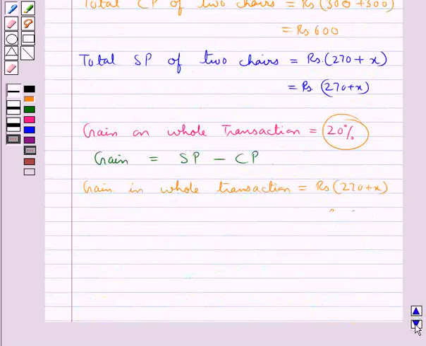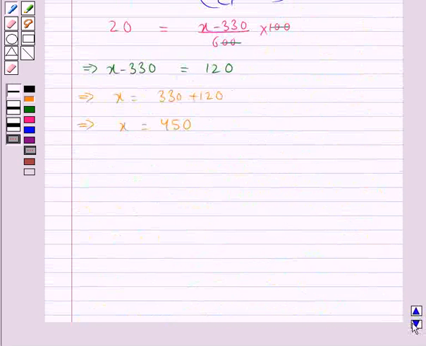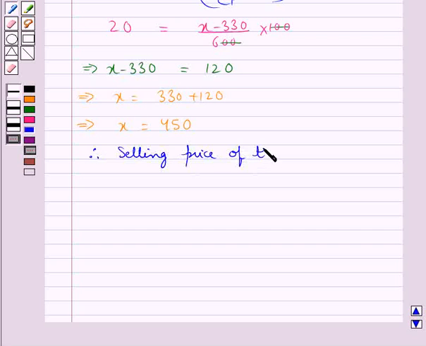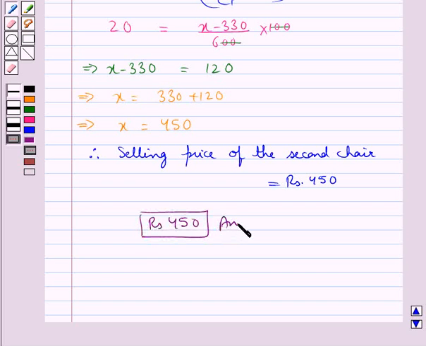So we get the selling price of the second chair is equal to rupees 450. So rupees 450 is our final answer. This completes the session. Hope you have understood the solution for this question.